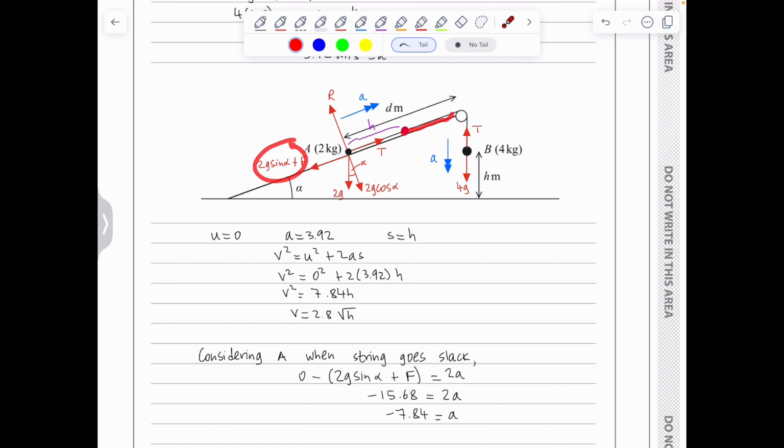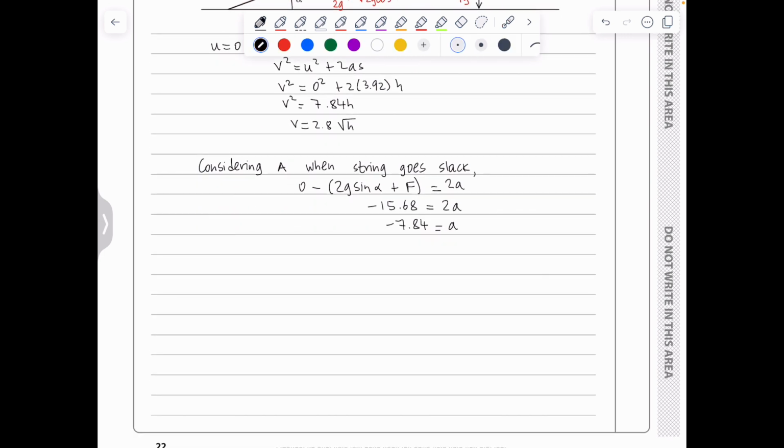So I could use suvat once more. I would be modeling the journey from the moment the string goes slack. The initial velocity here is what we just found to be 2.8 root h, and it eventually came to rest, so the final velocity is 0. So let me write this down. We've got u is 2.8 root h, v is 0.